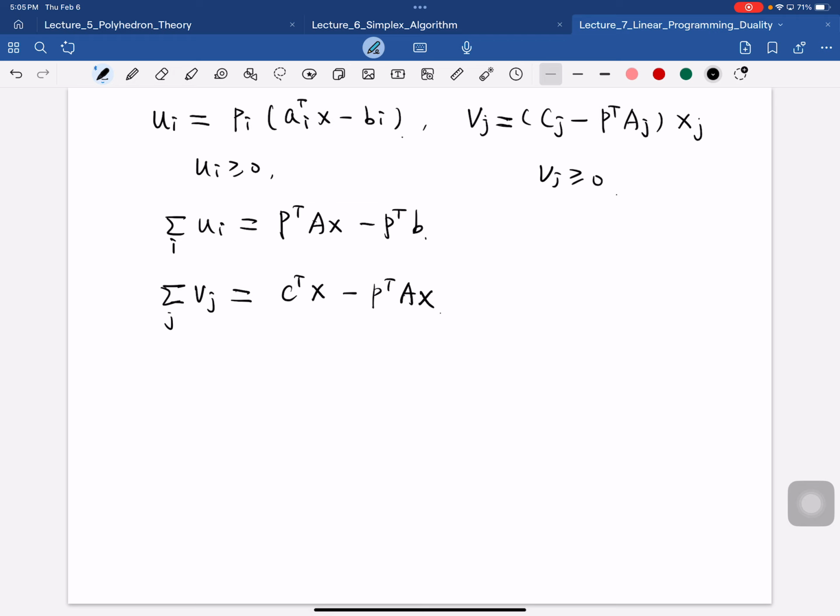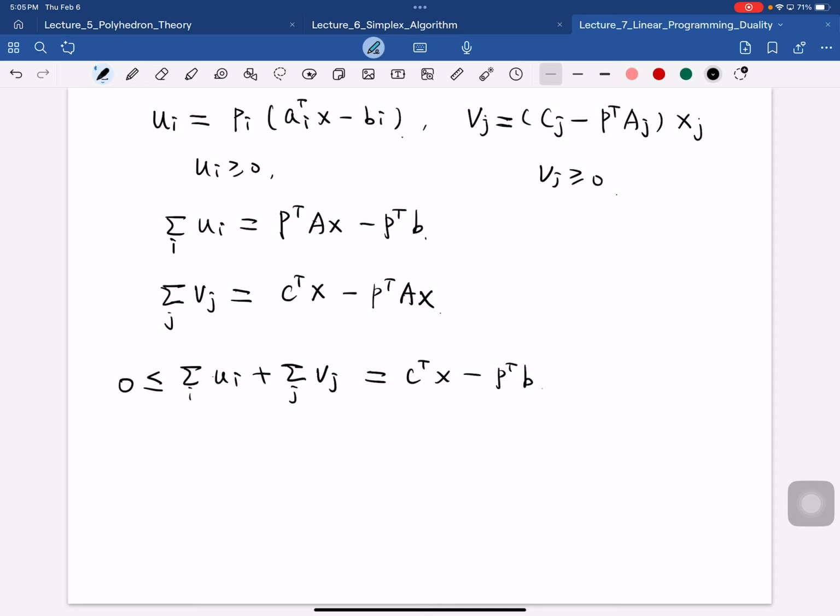Now, if you calculate the sum over i of u_i plus the sum over j of v_j, of course, it is greater than or equal to 0. Now, these two terms will cancel out, you have a p transpose Ax minus p transpose Ax here. So this is nothing but c transpose x minus p transpose b.